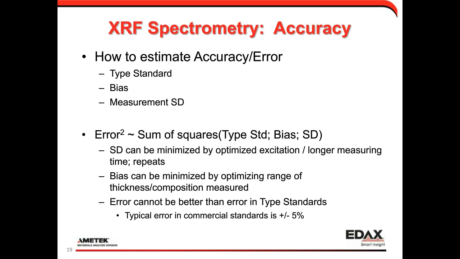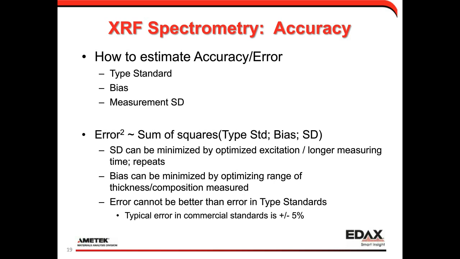My measurement bias can be minimized maybe by optimizing the range of thickness and composition measured. If I really need to have the best accuracy, I might want to shrink down the measurement range that I'm making, or have a few standards that cover the whole range of the measurement that I'm trying to measure.